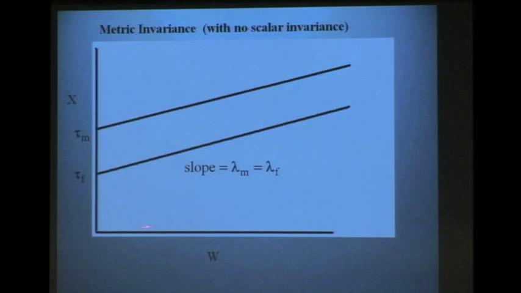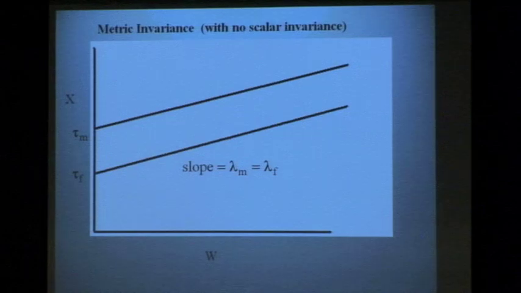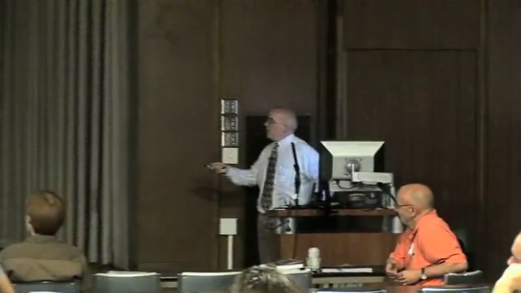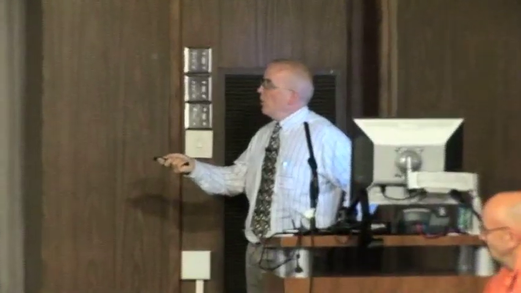But with the factor loadings being invariant, metric invariance, we do have this parallelism, which is a nice thing. It says that the factor operates in the same way in relation to the observed variable. Now, if you had strong invariance, so you had the same intercepts and slopes, then these two lines would be collinear. They'd lie right on top of each other.